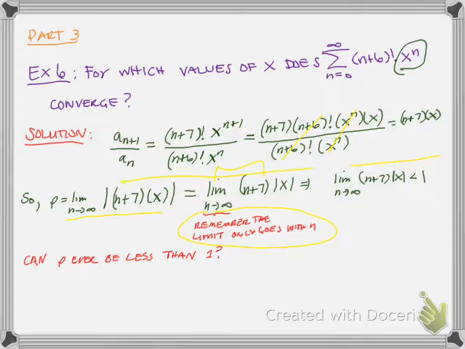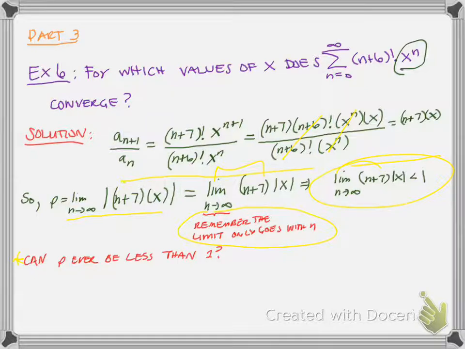In all the other cases up until now, the infinite series that we've been talking about only involved n, and so when we took the limit, that's why we had those indeterminate forms. But now we're involving not only n, but our variable x. So the limit only goes with n. Keeping in mind that x is totally independent of n, the question to ask yourself is, can rho ever be less than 1? Because that's where your series converges absolutely.